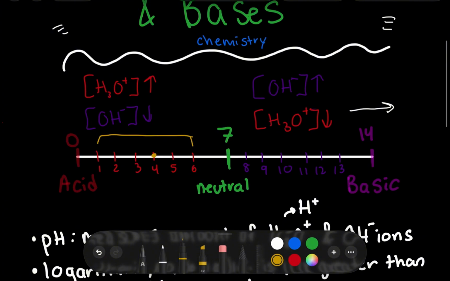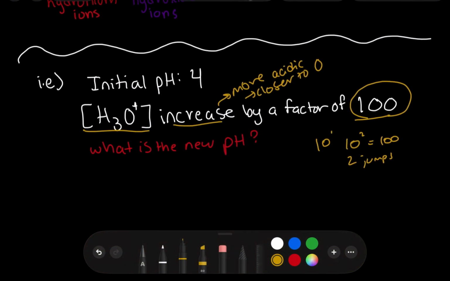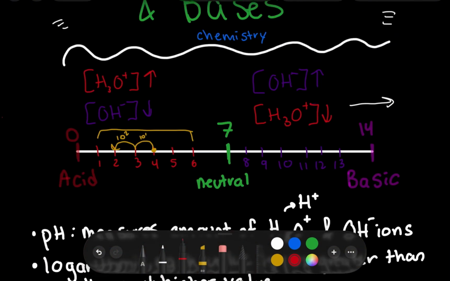So we're going from 1 to 2. This goes from 10 to the power of 1, 10 to the power of 2, which is 100. And it leads us to a pH of 2. Therefore, our new pH is 2. Now again, we were able to identify this because we know that the concentration of hydronium ions, which is here, increases as it becomes more acidic. So we know that it has to be going this way.